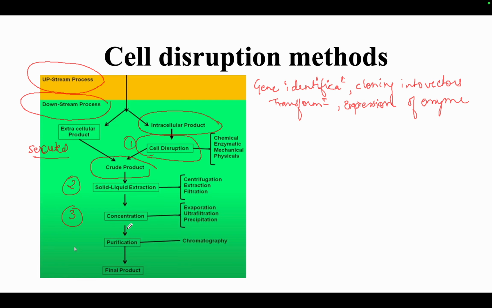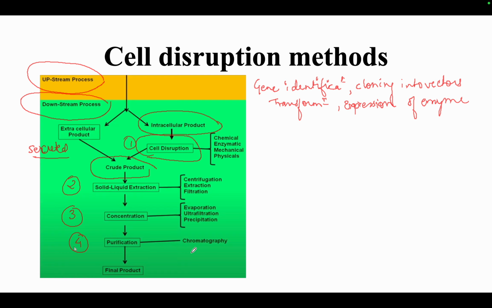Proteins tend to precipitate. We can precipitate the protein by changing the chemical composition of the solution. And the last step is purification, and we can use different purification techniques.